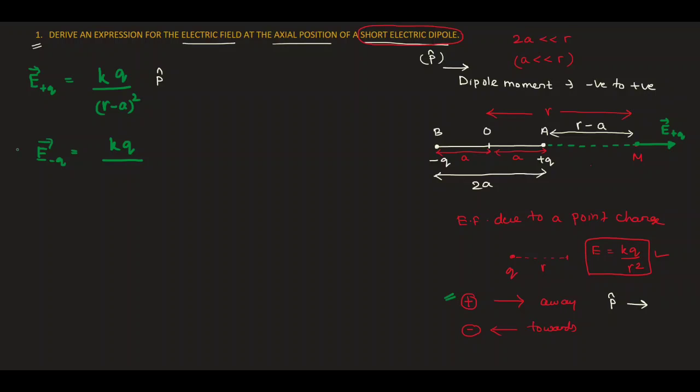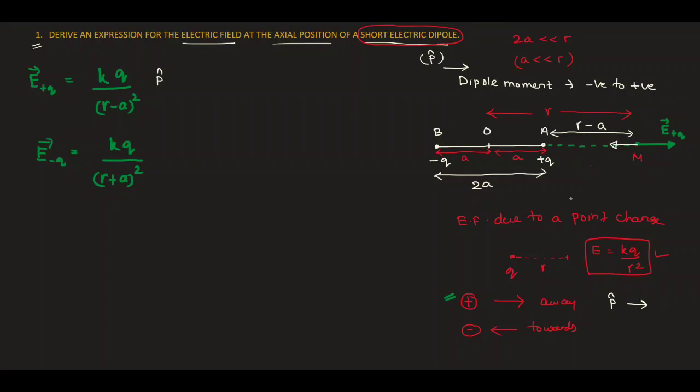So again, from the diagram, you can see that the distance of M from the point B will be R plus A, because M to O is R, then O to B is A. So I'll write R plus A whole square, and the direction will be towards the negative charge.